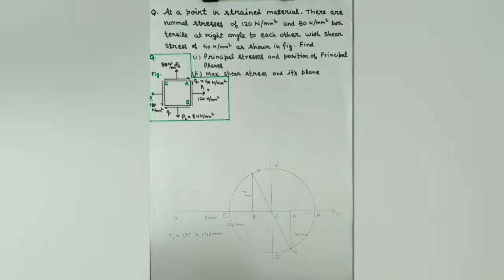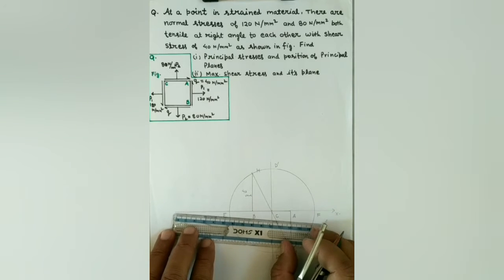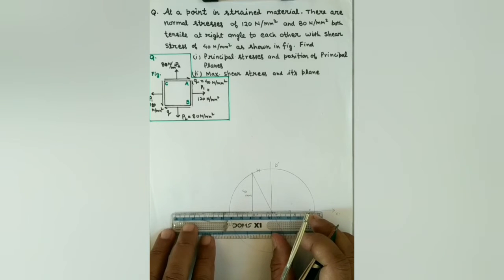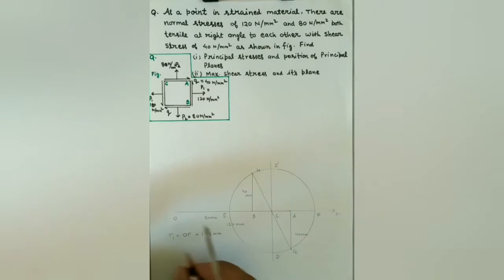So sigma max is 145 Newton per mm square. Similarly, sigma min is distance OE, the nearest point of the circle from the origin. So OE is 56 mm. So sigma min is 56 Newton per mm square.